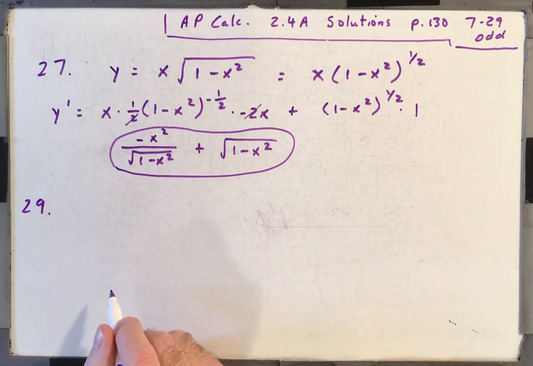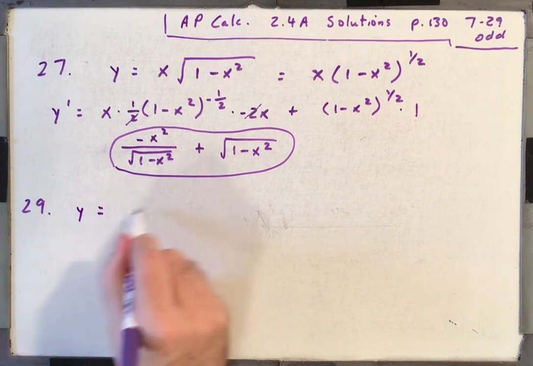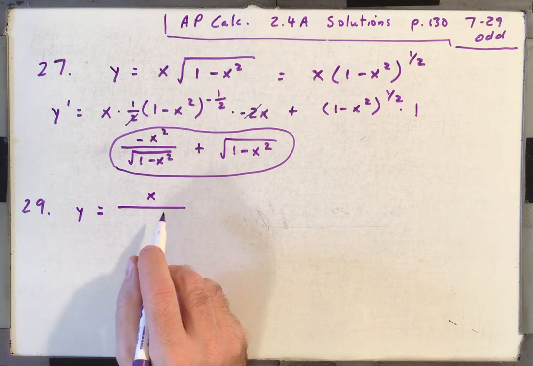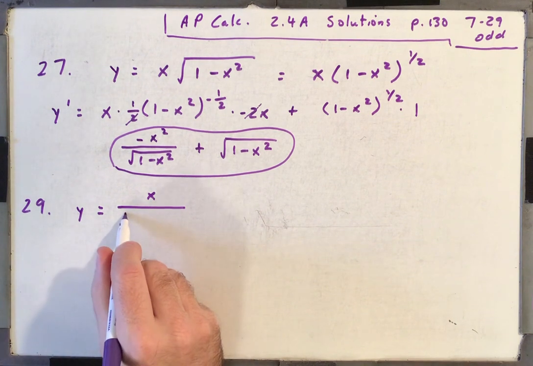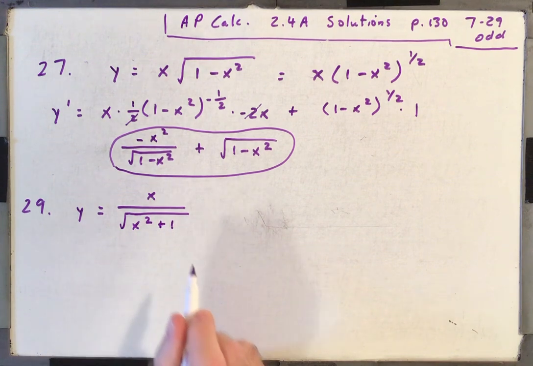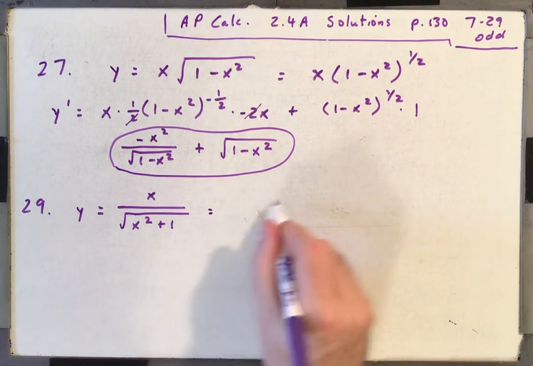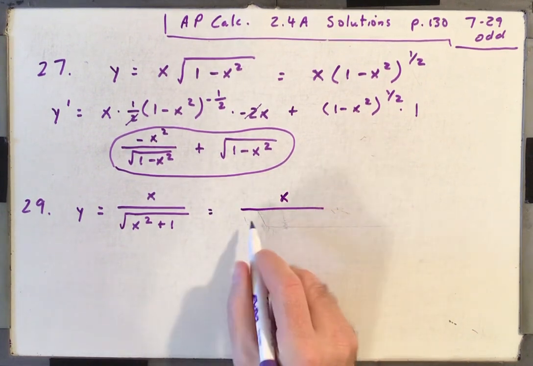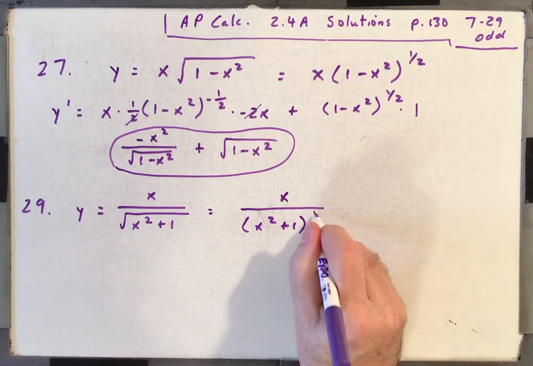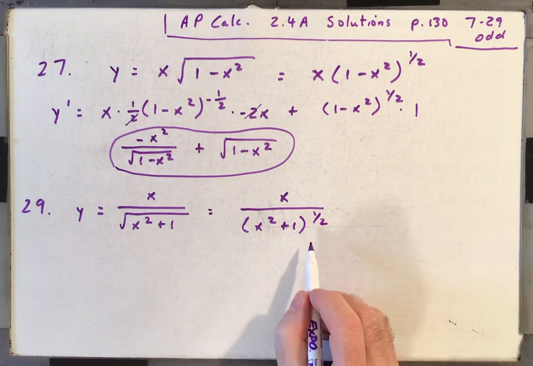All right, and 29, we have y is equal to x over the square root of x squared plus 1. Okay, let's rewrite that as x over x squared plus 1 to the 1/2 power. So we've got a quotient rule and then a chain rule.